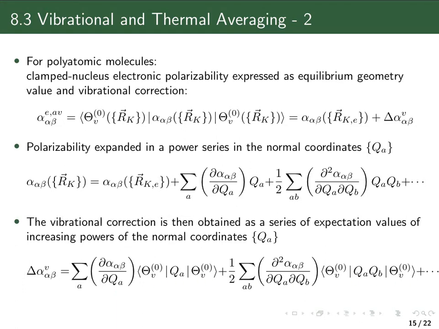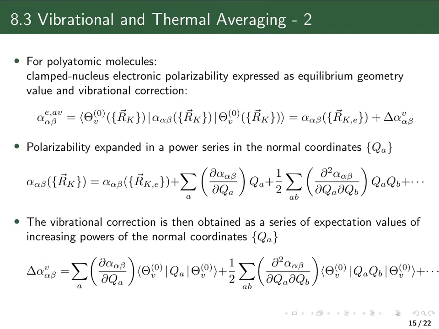So I have a sum over all the normal coordinates and the partial derivatives, first derivatives of my property here, the polarizability, and then integrals over one normal coordinate, in the next one a product of all kinds of products of normal coordinates. So in order to evaluate this vibrational correction, I need to know all the partial derivatives of my property here, the polarizability, with respect to all the normal modes, the first derivative and the second derivative.